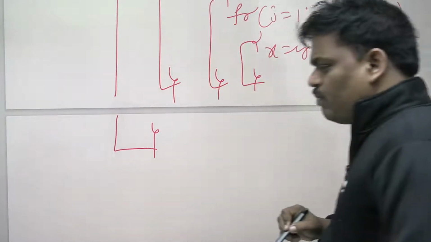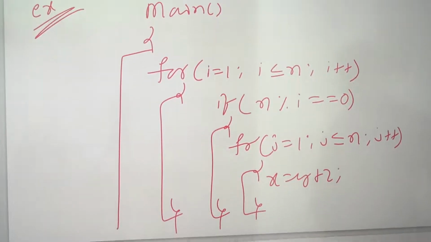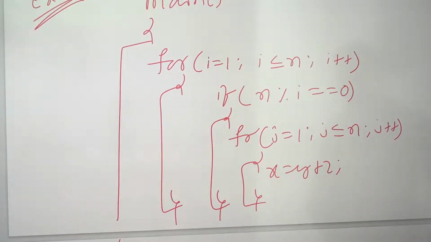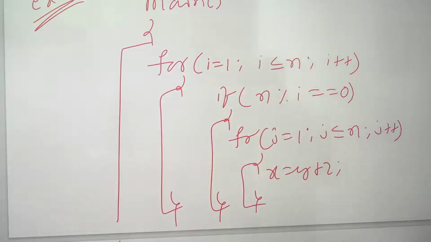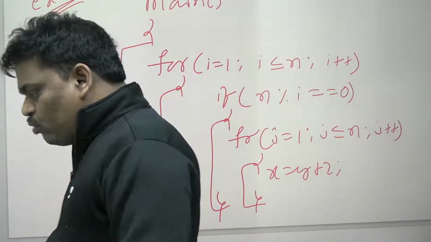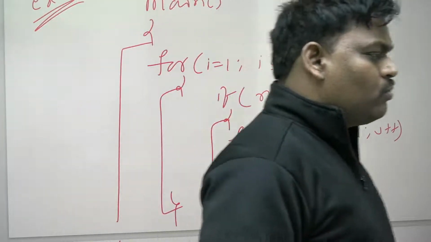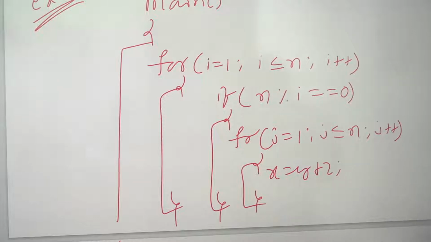So this is the program. Can you guess what the time complexity of this program will be? Those who are watching, please let me know. There are two for loops, the i loop and the j loop. Try once, I will give the answer.